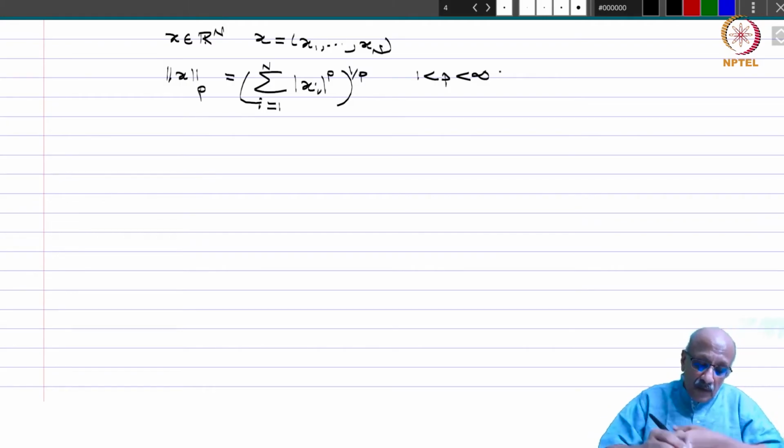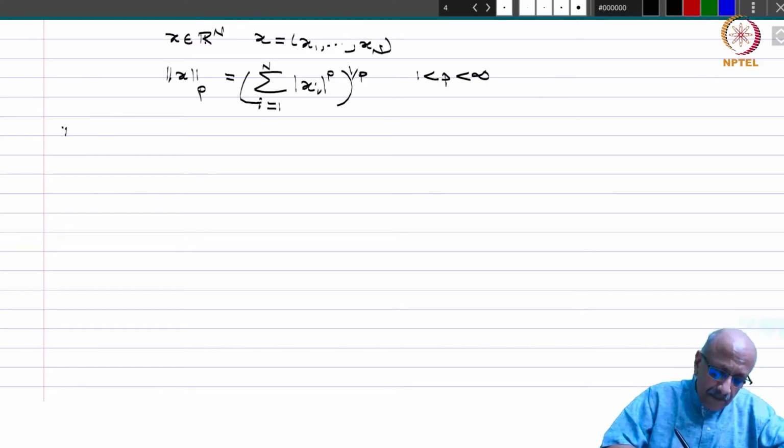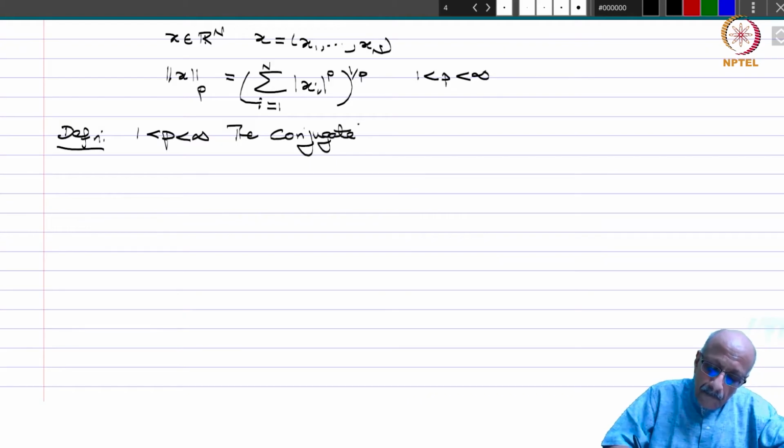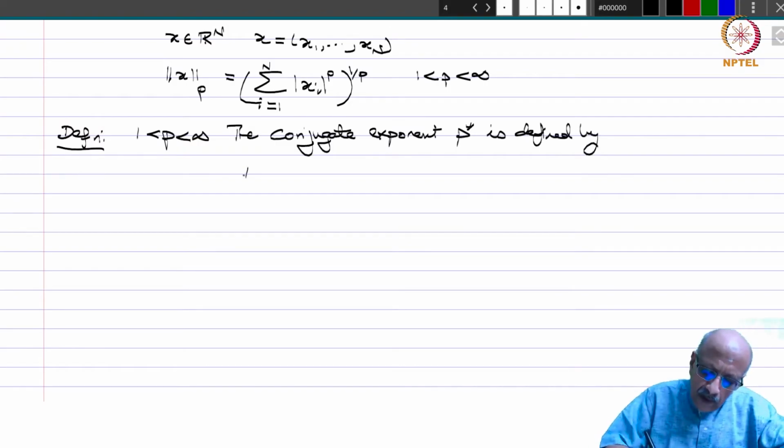Okay, so we make the following definition. If 1 < p < infinity, the conjugate exponent p star is defined by 1/p + 1/p star = 1.